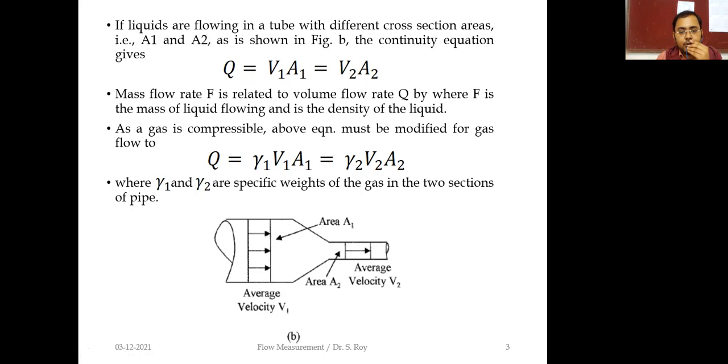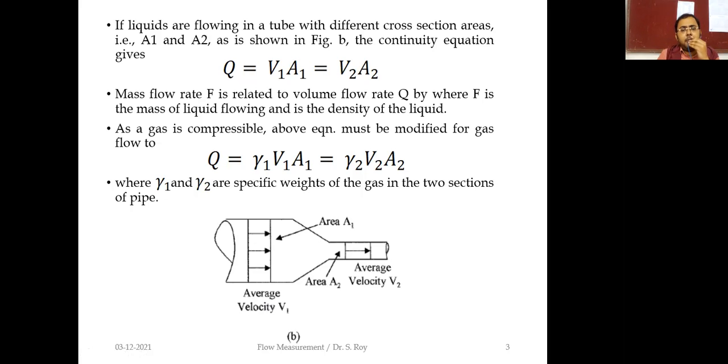So if I calculate the flow rate at point 1 and point 2, it should be the same. But due to the variation of the cross-sectional area, the velocity should be different. As the area A1 at point 1 is higher compared to the area A2 at point 2, the velocity V2 should be higher compared to V1 to validate the continuity equation.